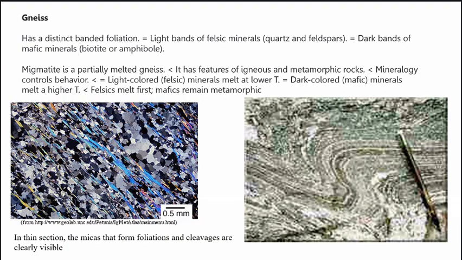When you have banding, there is separation of the dark colored minerals from the light colored minerals, so that you have accumulated feldspar and quartz in one direction, and the biotite or amphibole or hornblende in one direction, forming banding. That's a gneiss. When that separation is highly developed, it is called banded gneiss. Otherwise, it is just a gneiss.